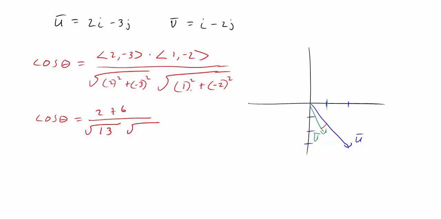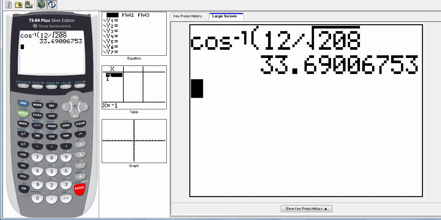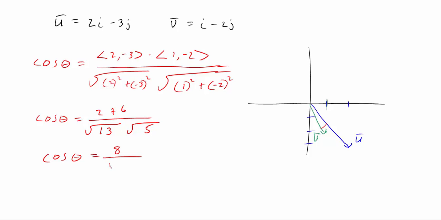And over here, we're going to get 1 plus 4, so that's the square root of 5. So therefore, the cosine of theta is simply equal to 8 over the square root of 13 times 5. If we multiply that, 13 times 5, you're going to get 65. So therefore, this would be the square root of 65.